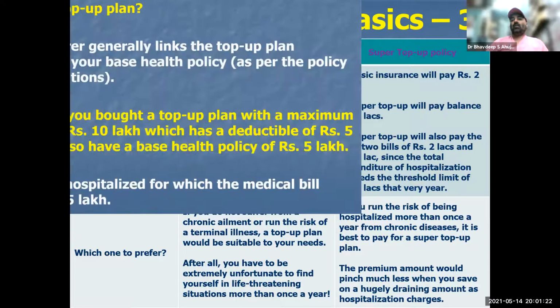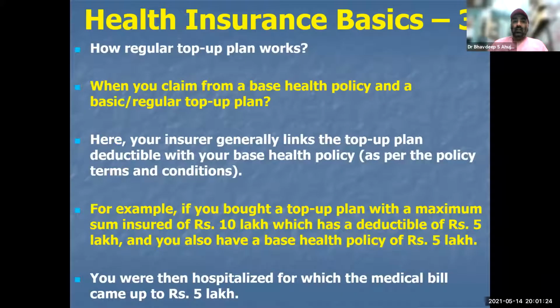So how does the regular top-up plan work? When do you claim from a regular base policy or the basic top-up plan? They normally link the top-up plan deductible with your base health policy. And it is not mandatory that you have to take the top-up from the same company from which you bought your base policy or the regular policy.